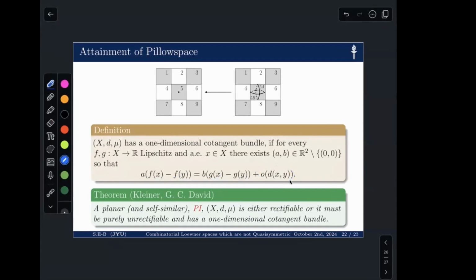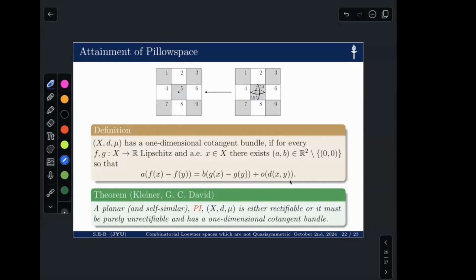Now, how this connects: I mentioned that this downstairs metric would have to be strongly non-Euclidean, and where this one-dimensionality comes from is some work of Bruce Kleiner and Guy C. David, that if you are a planar differentiability or PI space, then you have two options, roughly speaking.